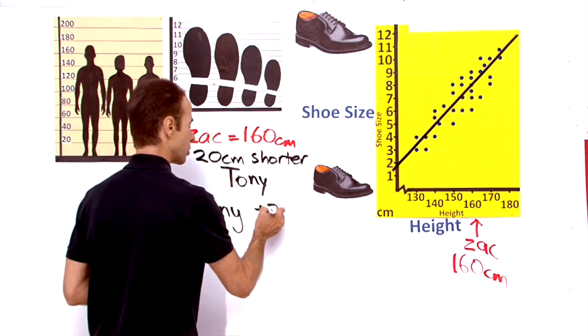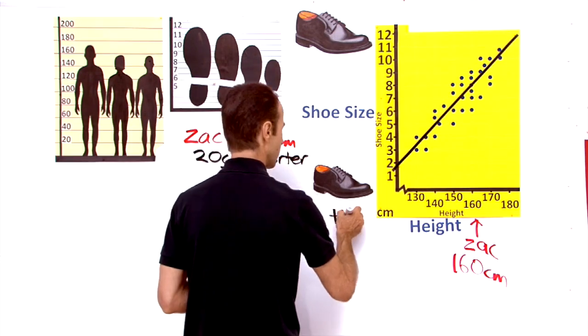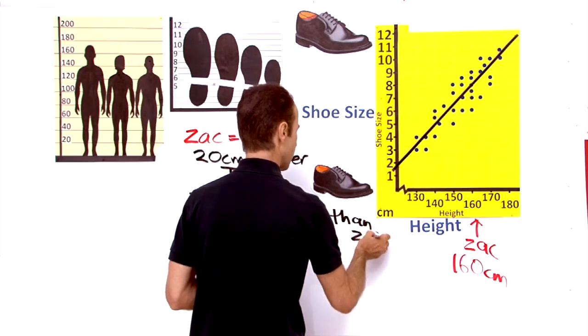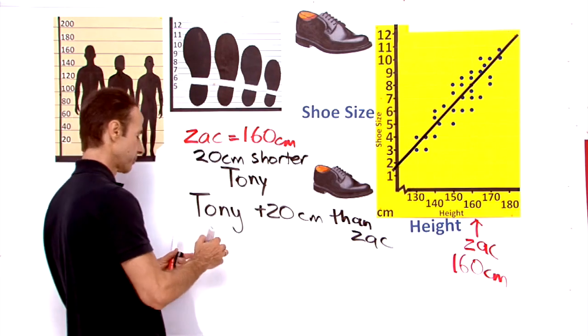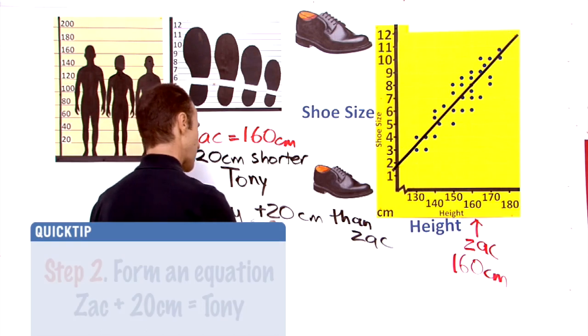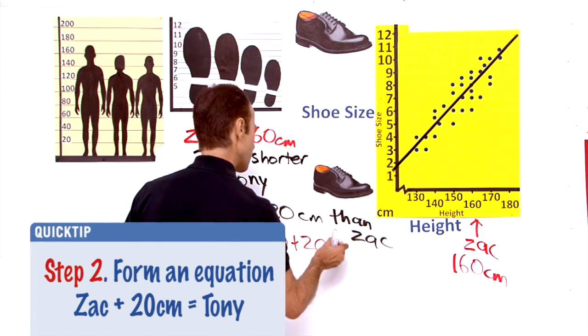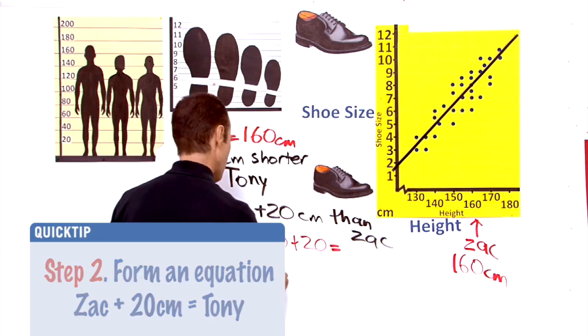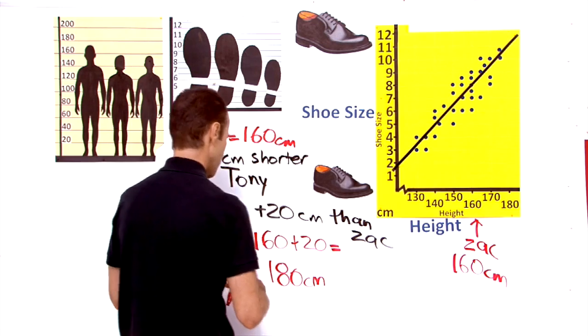So how tall is Tony? Well, 160, which is Zach, plus 20, very easy. That means that Tony is 180 centimeters tall. So that's Tony.